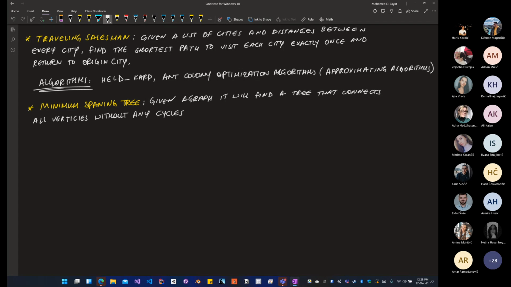Without any cycles and with the minimum cost.